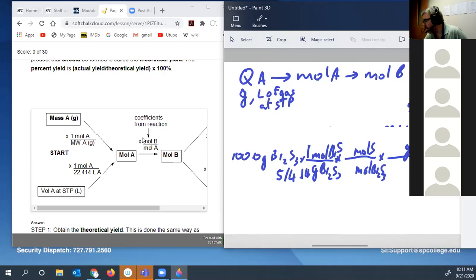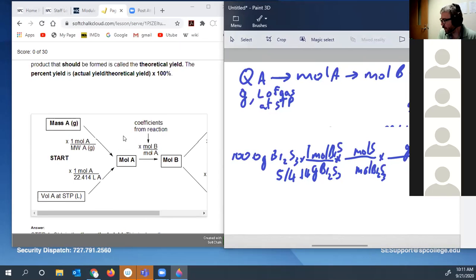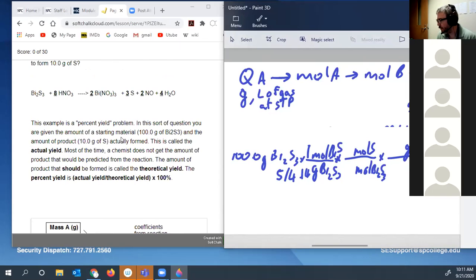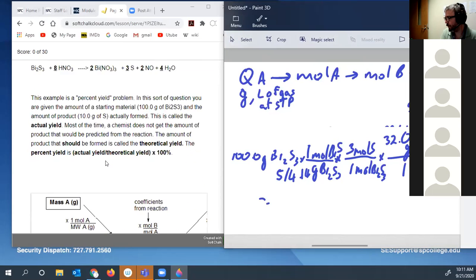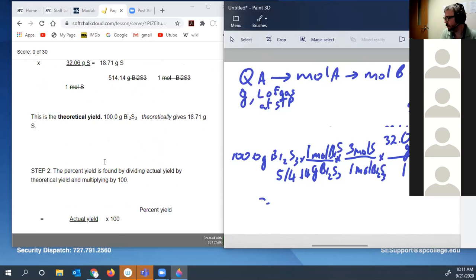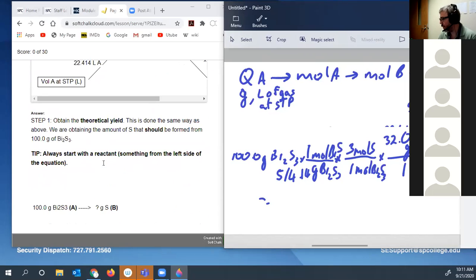And then the relationship between moles of sulfur and Bi2S3 be 3 moles of sulfur, 1 mole of Bi2S3, and then the molecular weight, 32.06 grams of sulfur, 1 mole of sulfur. When all said and done, we come out with 18.71 grams of sulfur.